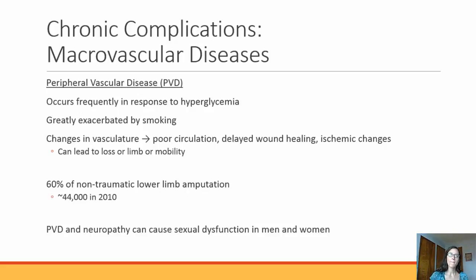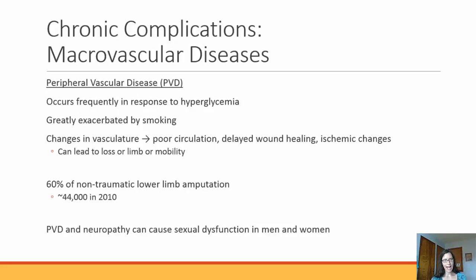And now let's move on to our macrovascular diseases. So we can have peripheral vascular disease, which is pretty common and made worse by smoking. And because we are damaging these big blood vessels, it actually leads to impaired circulation.